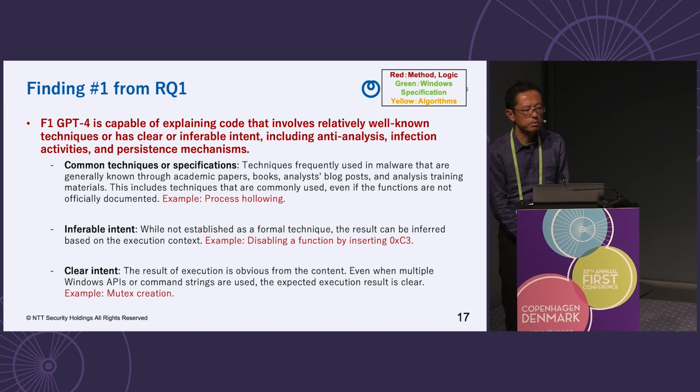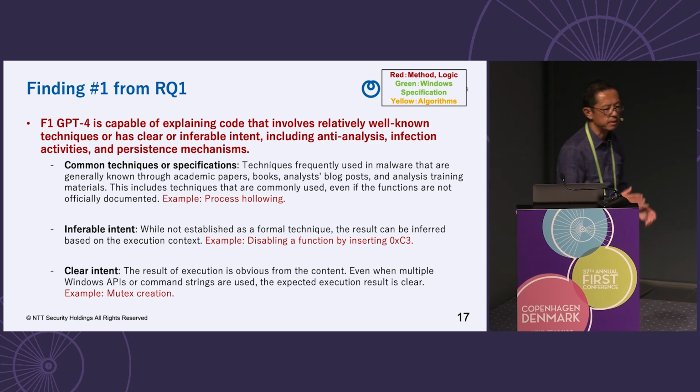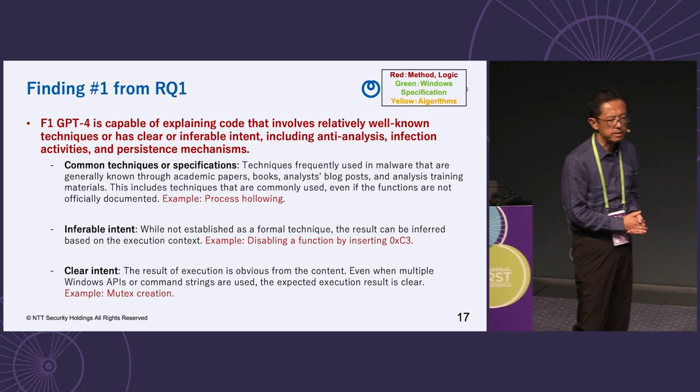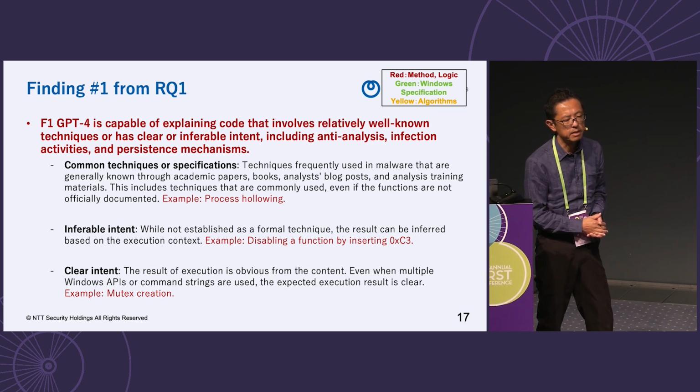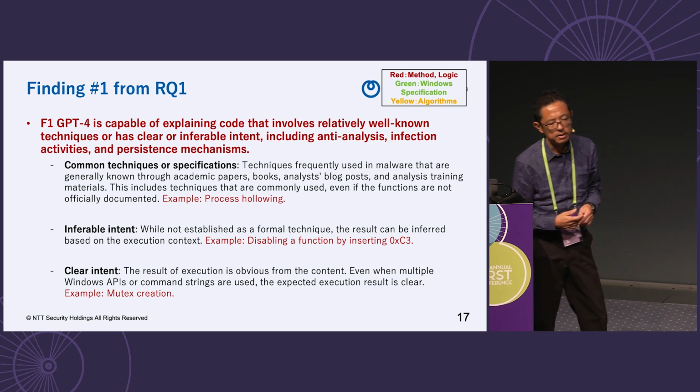Based on this research, we have some findings. I will explain finding 1. Finding 1: GPT-4 is capable of explaining code that involves relatively well-known techniques or has clear inferable intent, including anti-analysis, infection activities, and persistent mechanisms.